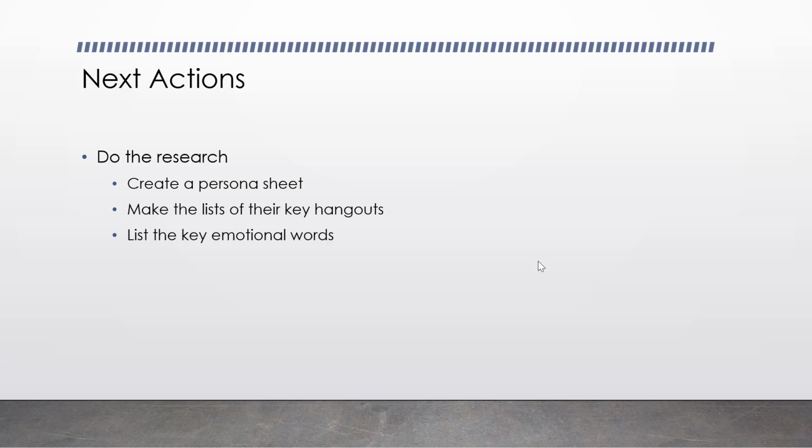Make the lists of where they hang out. What are they doing? Who are they listening to? And then dive in and find those key emotional words. Once you've got all of that, then you're able to start looking at your marketing messages, your sales copy, and your sales messaging, and understanding how your customer thinks, feels, and believes.